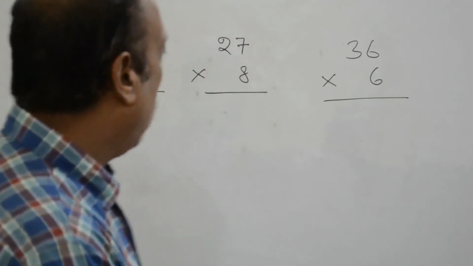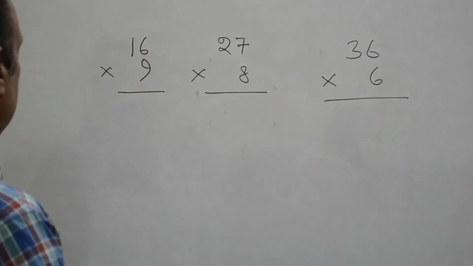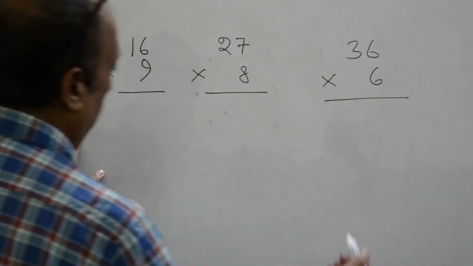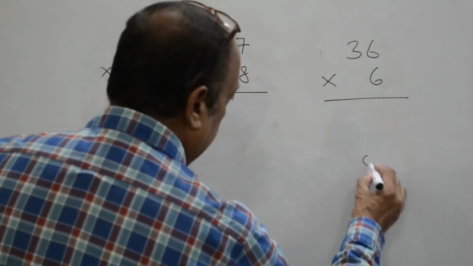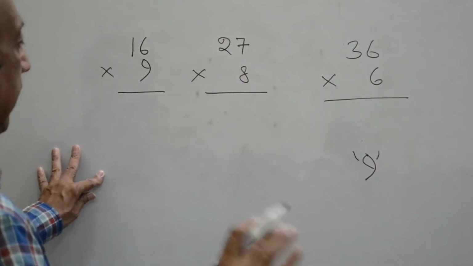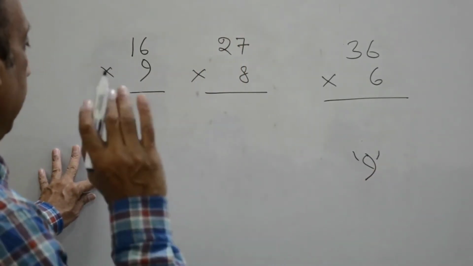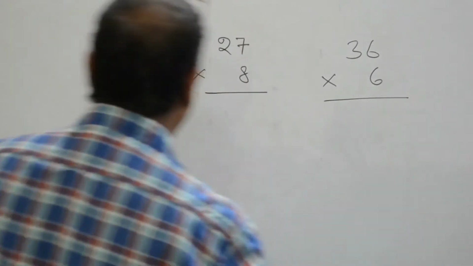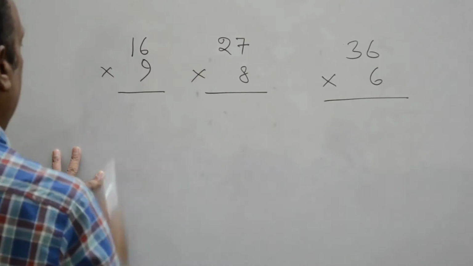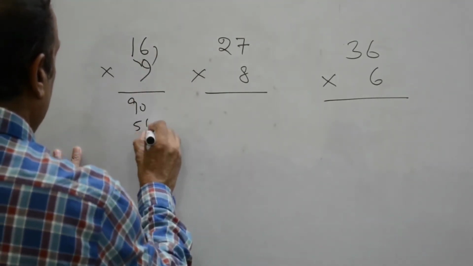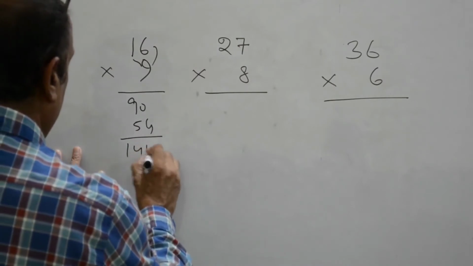The best use of making calculations with this method is that we need not learn tables beyond 9. If we learn the tables up to 9, we can make all the tables very easily. How? For example, we don't know what 16 nines are. So it is 90, it is 54, so it is 144.